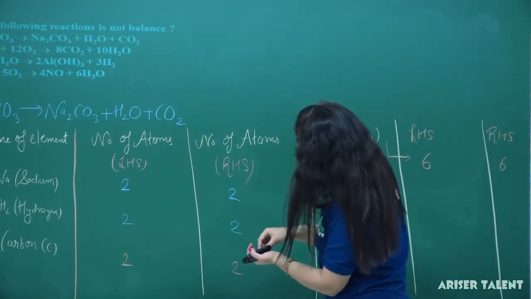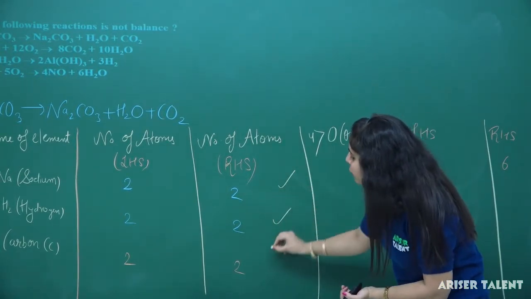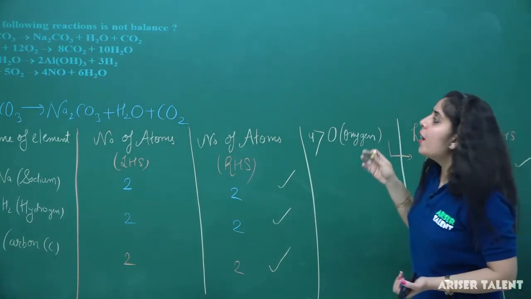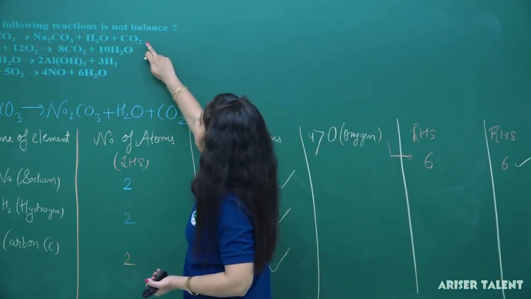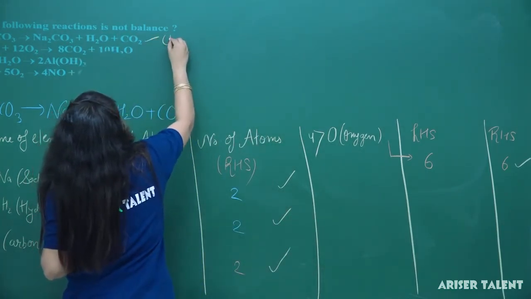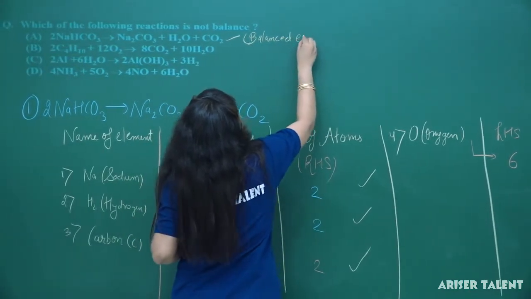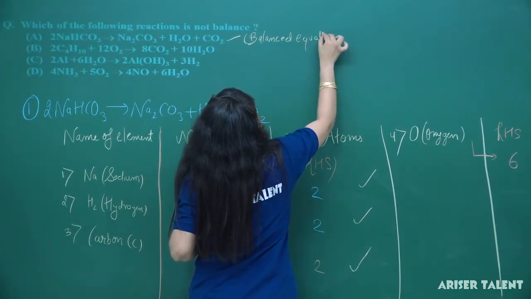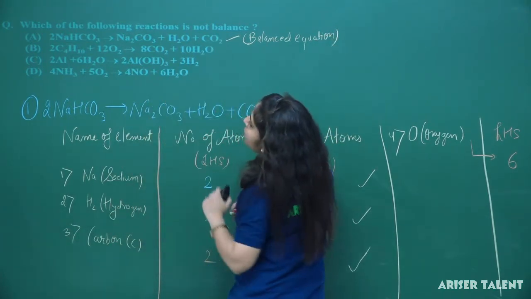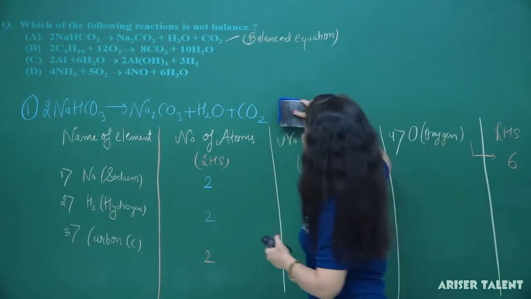So what we have seen from here in LHS and RHS is 2 and 2, 2 and 2, and here it is 6. So I must say that this is the complete balanced equation. Now proceeding to our next question, we will again write the number of elements in this.